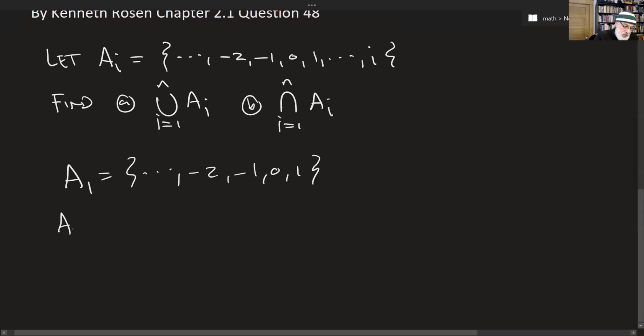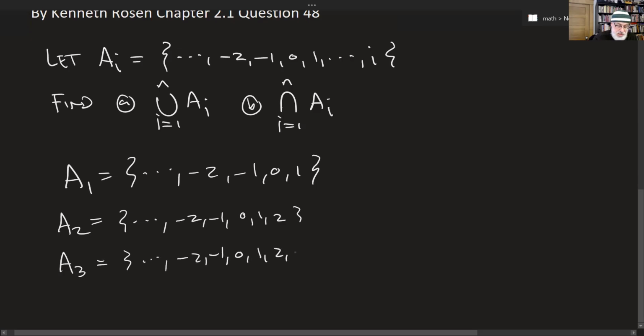Now A sub 2 will again be all of the negative integers, and then this one stops at 2. A sub 3 will be all of the negative integers, and it will stop at 3.